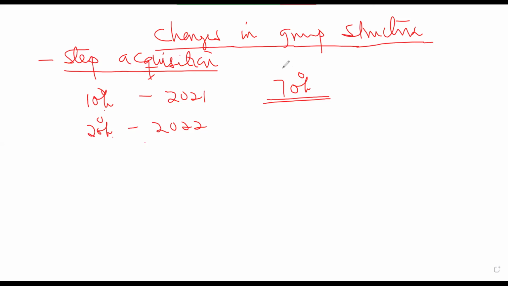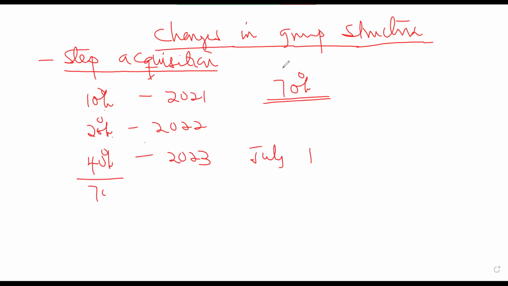Then in 2023, they can decide to acquire an additional 40%. Maybe this was done on 1st July. On 1st July, what is the entire holding in the company now? 30 plus 40, that will be 70, isn't it?